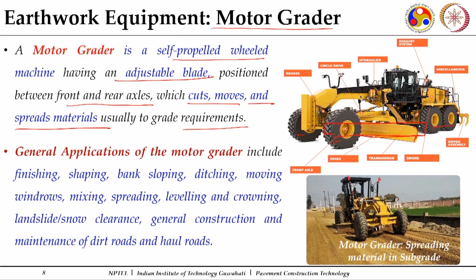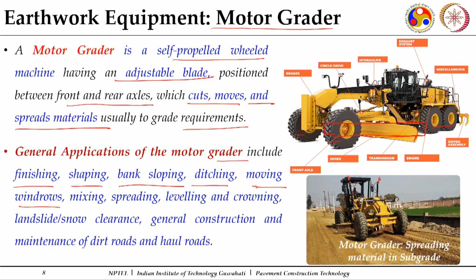So with this you are able to maintain the cross slopes also. General applications of the motor grader include finishing works, shaping, bank sloping. Slopes can be created, and ditching, because you can form the ditches by the edges of it by changing the angle of the blade.